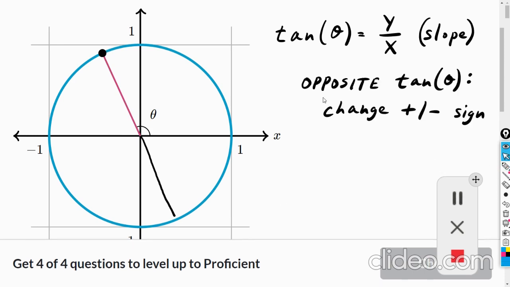Now in this problem they said they wanted the equivalent of the opposite of the tan of theta. So it's going to be the same slope except you just change the plus minus sign. So if we took this slope right here and change the plus minus sign, it would basically be like this.